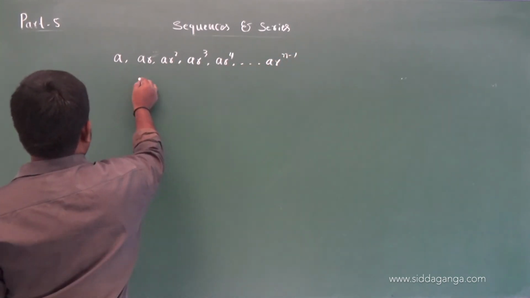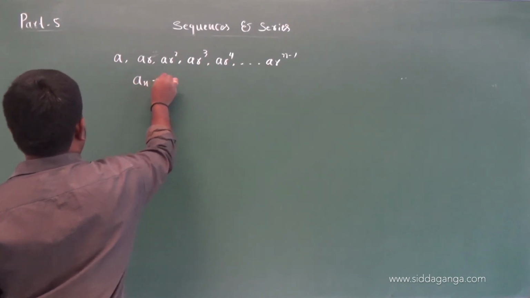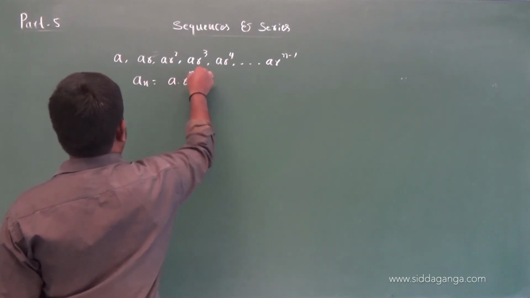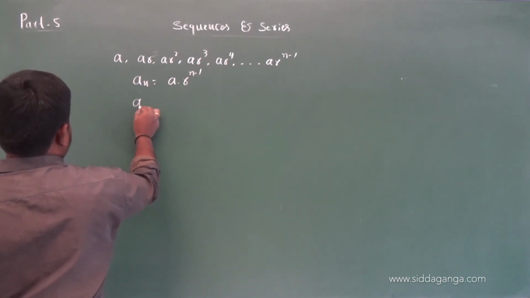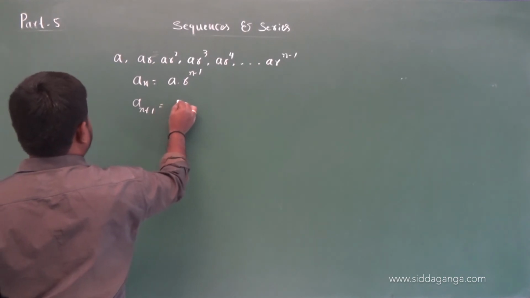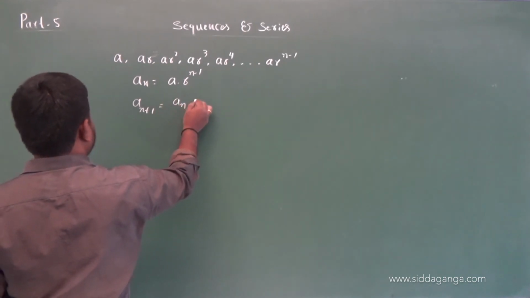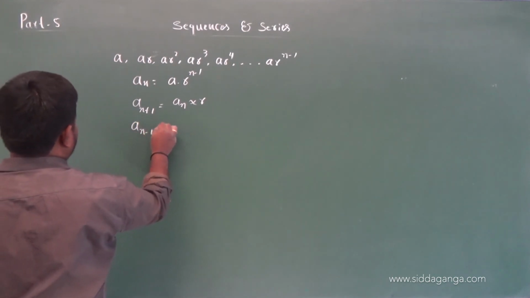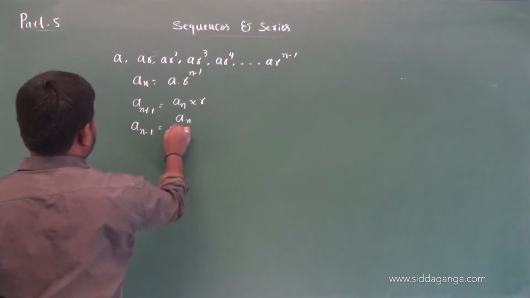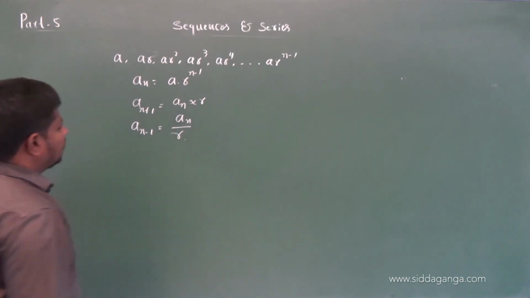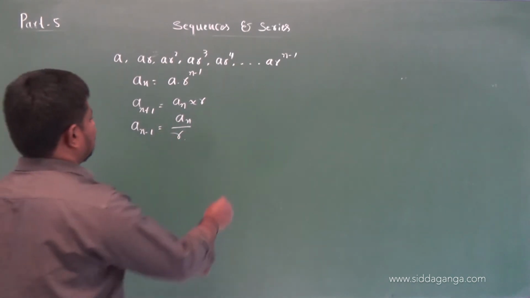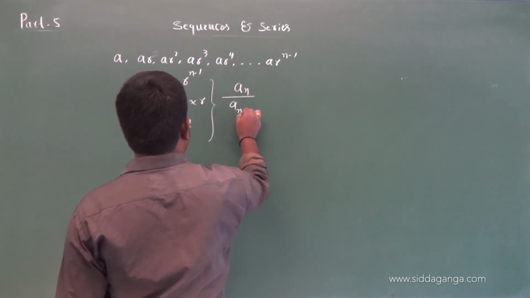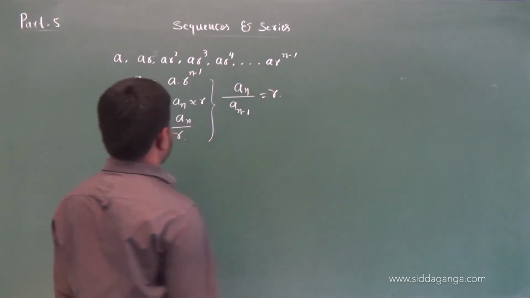And the general form is what? a_n is equal to A into R power of n minus 1. To get the succeeding term, a_(n+1), you have to multiply the current term with R. To get the preceding term, a_(n-1), you have to divide the current term by R. So these are the results, and from the definition, a_n divided by a_(n-1) is equal to R, the common ratio.